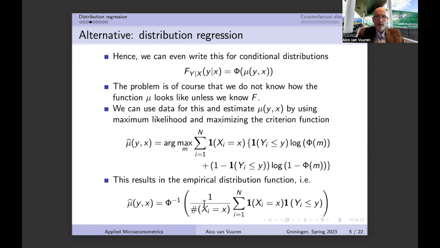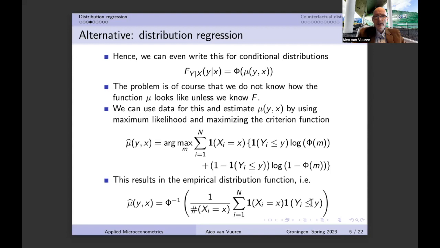This is the so-called empirical distribution function. I'm pretty sure that you have already heard about that before. It is a very great function to non-parametrically estimate a distribution function. It's just the percentage of observations for which yi is smaller than or equal to y.